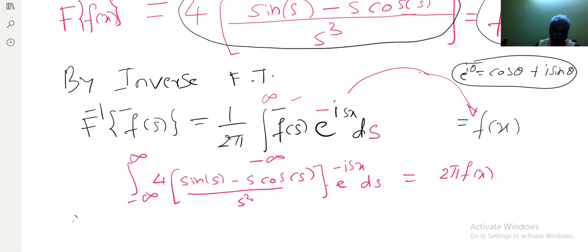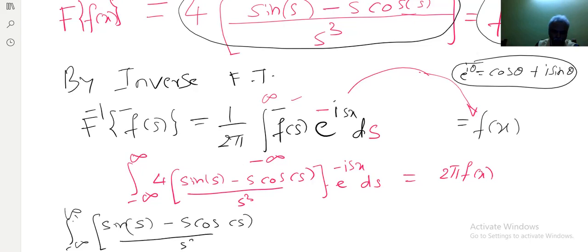this 4 will get cancelled and it becomes 2, and I can transfer here as pi by 2x minus to plus infinity, this bracket as it is, sine s cos s divided by s cube, e raised to minus i theta is cos theta minus i sine theta.